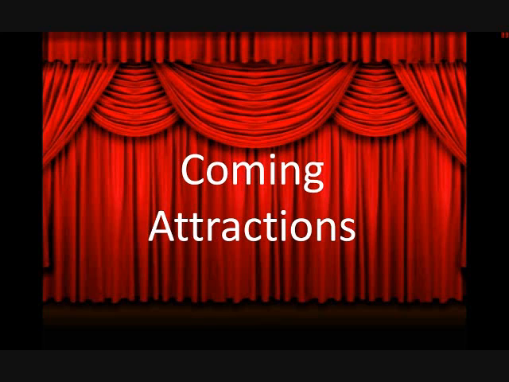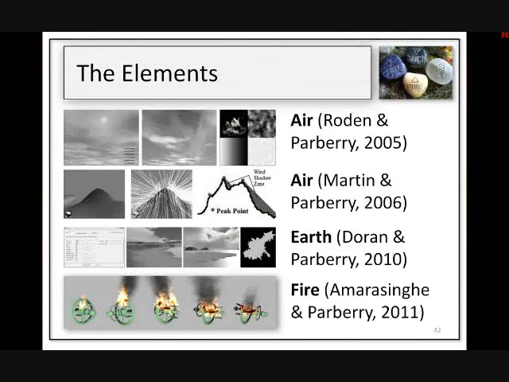Let me give you, though, an advertisement for some coming attractions, some things I'm really excited about. I've been excited about the elements in games. How do we generate earth, air, fire, and water procedurally using very little CPU, getting it looking and feeling pretty good?